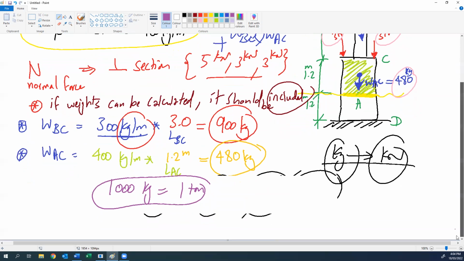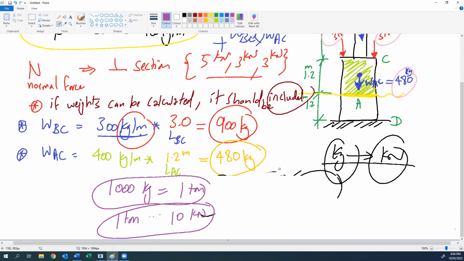The next step is 1 ton equal to 10 kilonewton. So now you know that 1000 kilogram equal to 1 ton, and 1 ton equal to 10 kilonewton.